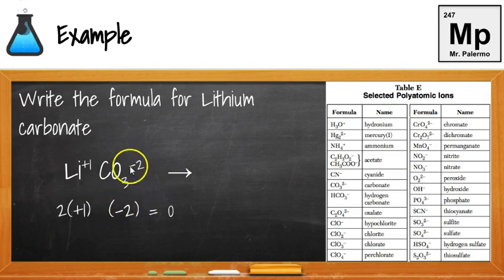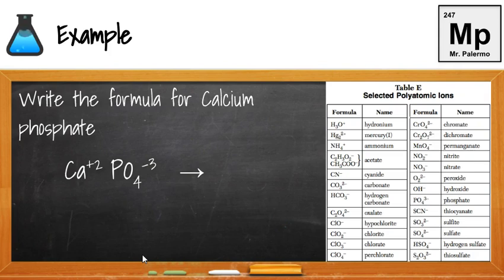If this is a -2 charge and this is +1, I'm going to need two lithiums, two +1 charges, to balance out the two negative charges of the carbonate. And so when I write my chemical formula, I'm going to put two lithiums and one carbonate. Don't be confused that this 3 means I have 3 of these things. This 3 is part of the polyatomic ion here.